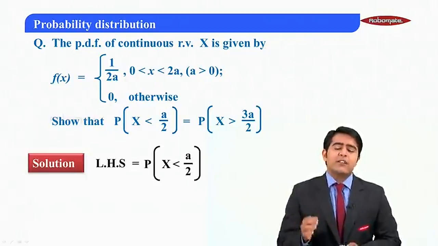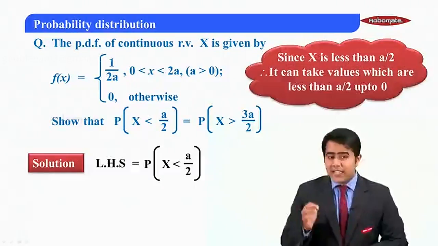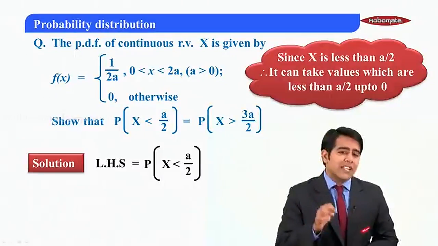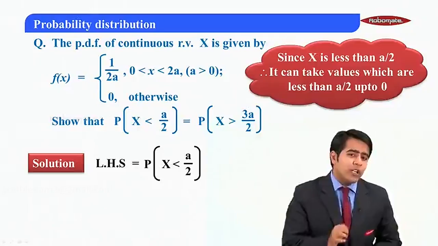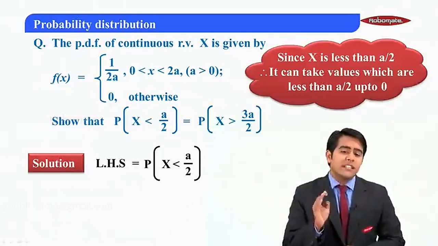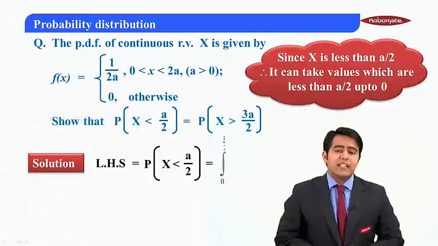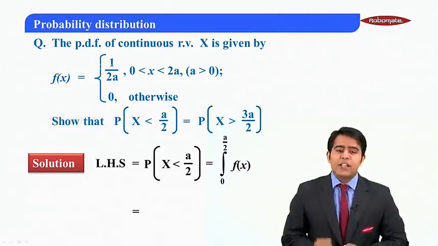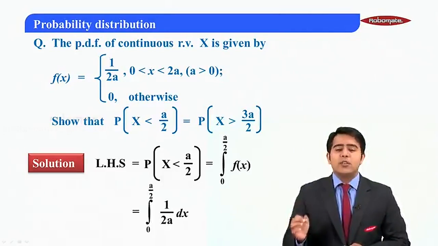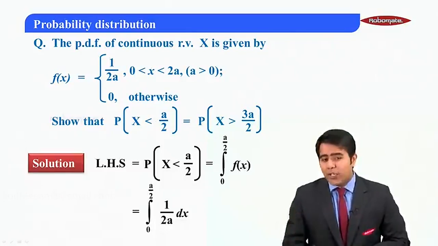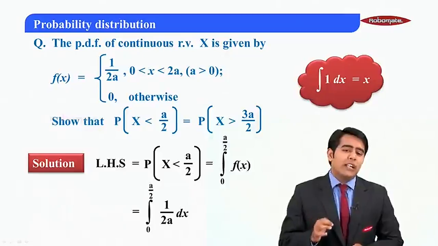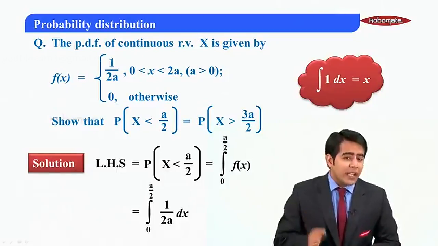Here LHS is P of x less than a by 2. Since x is less than a by 2, it can take values which are less than a by 2 up to 0, because the lowest limit of x here is 0. So I can take integral 0 to a by 2 f of x dx. So here integral 0 to a by 2 1 upon 2a dx will be simply equal to integral 1 dx here, so it is nothing but x.